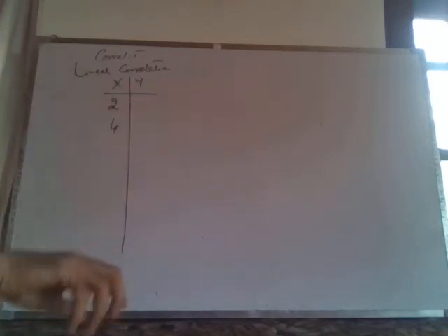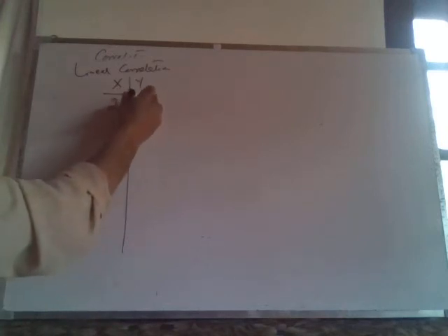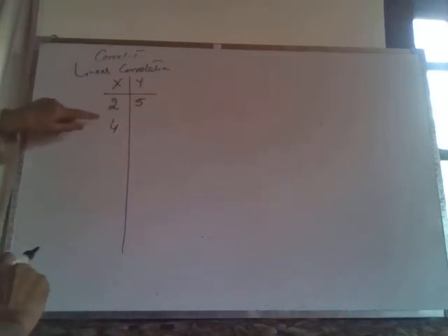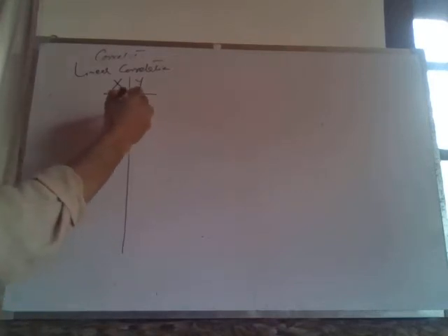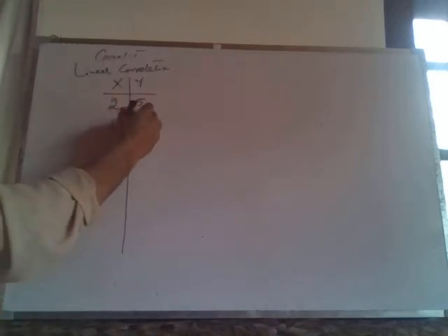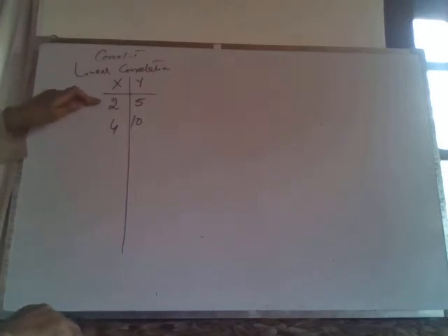Let us take this Y as 5. This changes by 100%, a double change. This also changes by the same 100%. X doubles, Y also doubles.